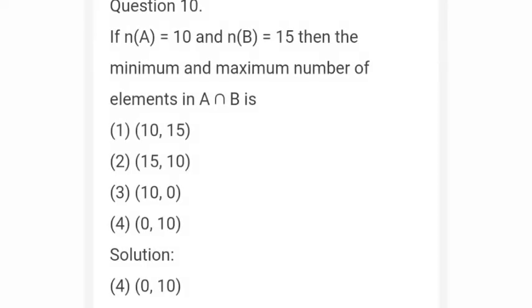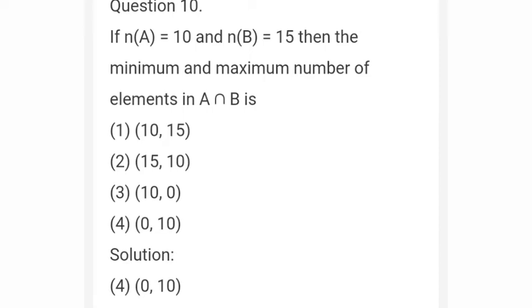Question number 10. If n of A equals 10, n of B equals 15, then the minimum and maximum number of elements in A intersection B is. Take A with values 1 to 10, and B with values 11 to 25, that is 15 values.